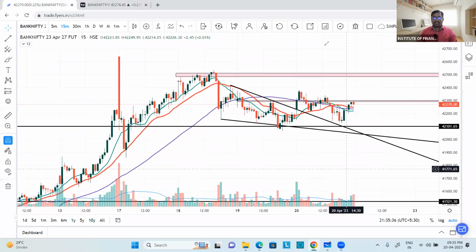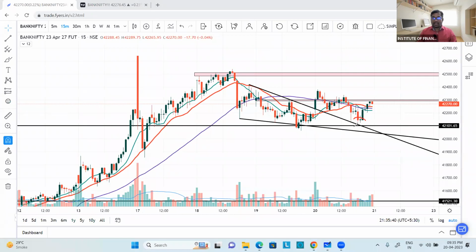This is the example of today's trade. Here what has happened, this was a triangle. We call it a down wedge.